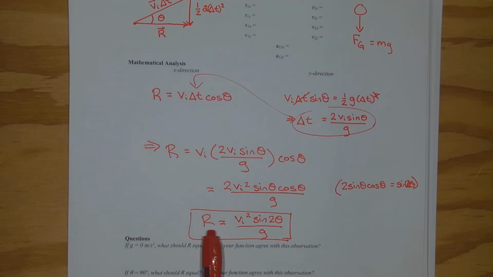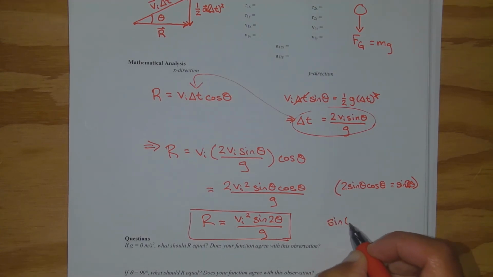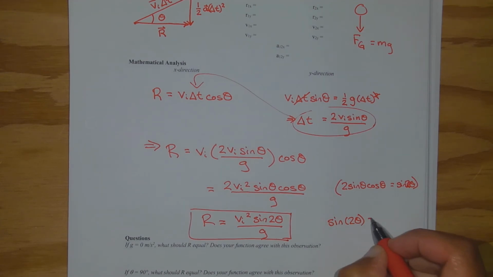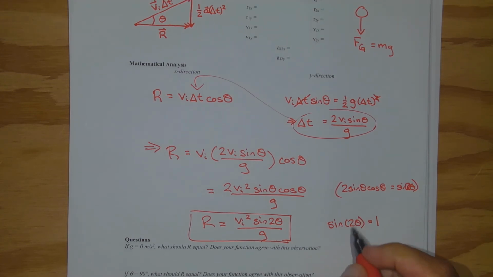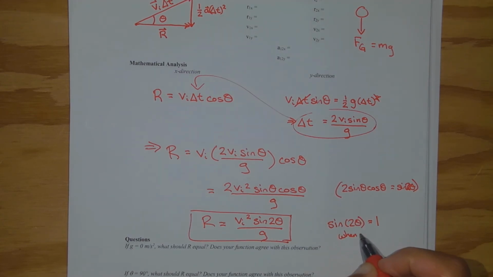So if you want the object to go the farthest, you want R to be as large as possible. You have sine of 2 theta. The largest value that you can have for sine is 1. If sine of 2 theta is equal to 1, sine of 90 degrees is equal to 1, so 90 is equal to 2 times theta, so this is when theta is equal to 45 degrees.